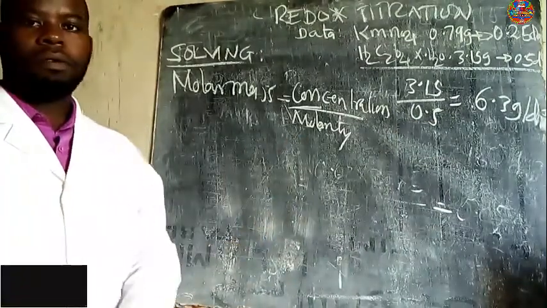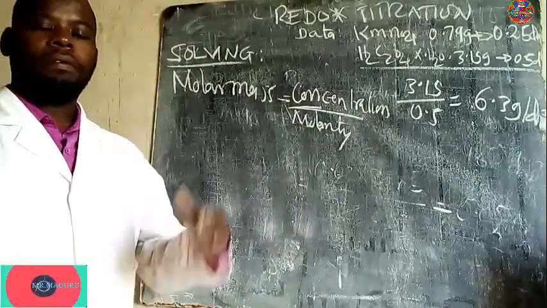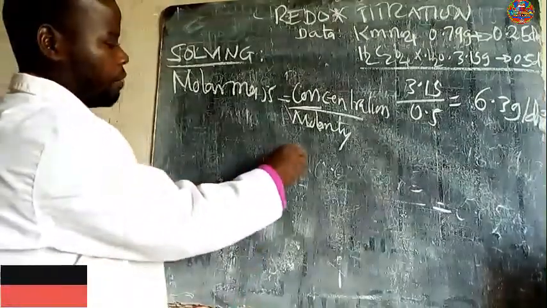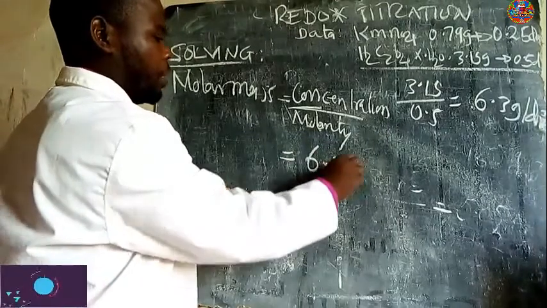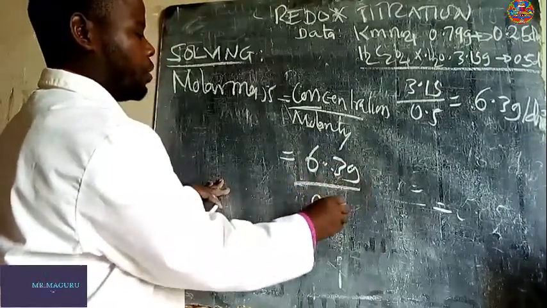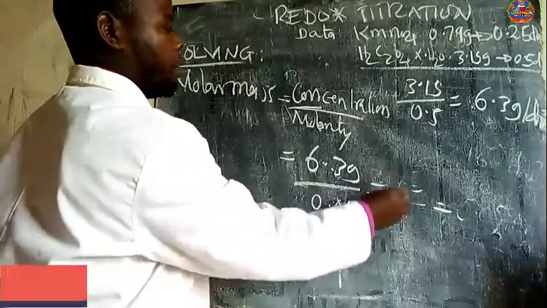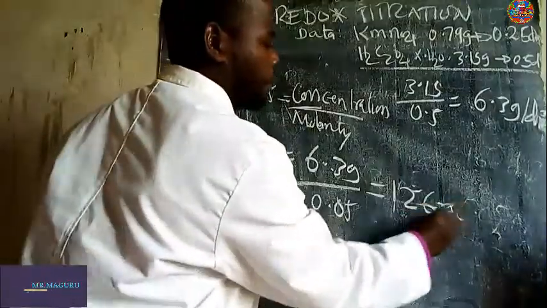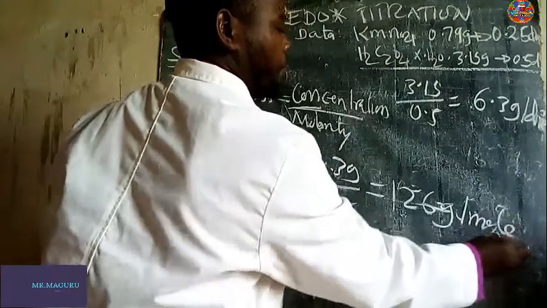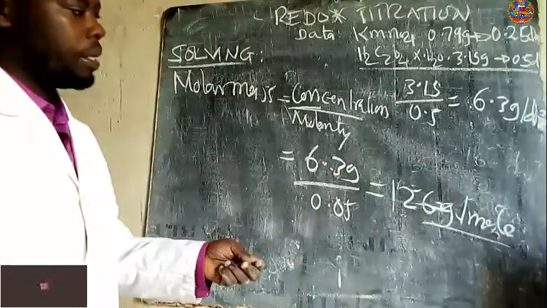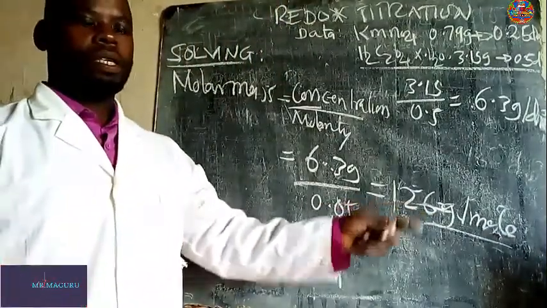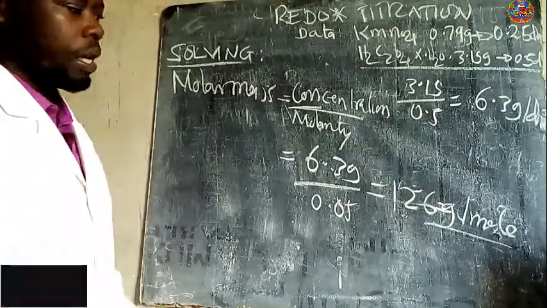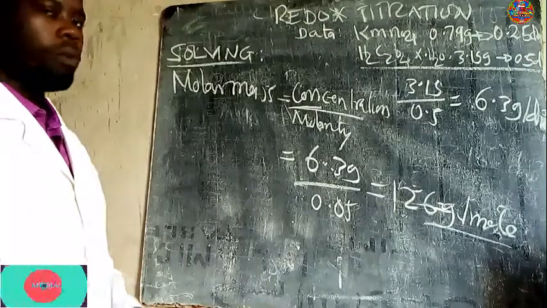And our molarity we have got 0.05 from the last solution. So we have 6.3 divided by 0.05. The answer will be this one, in gram per mole. So the molar mass is 126 gram per mole. That is the molar mass.